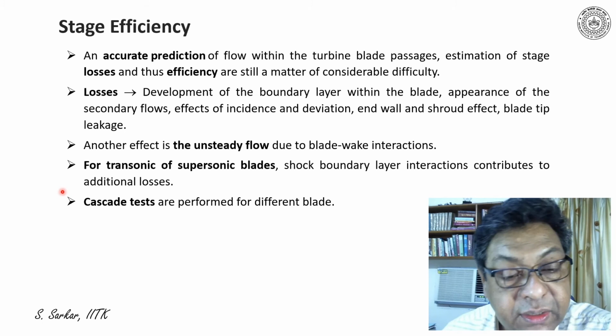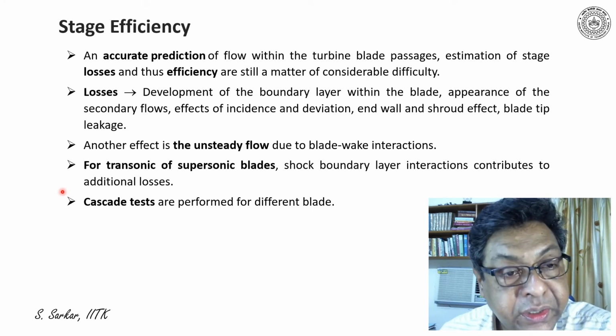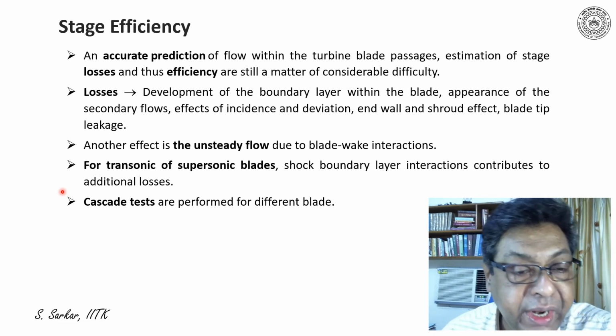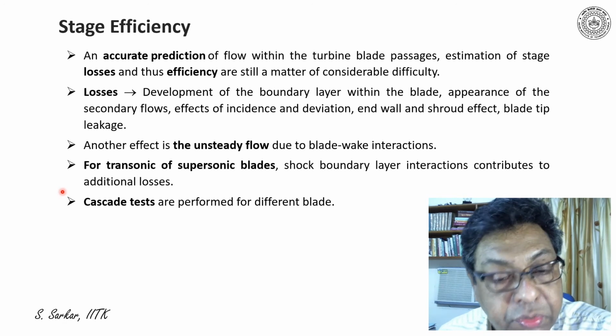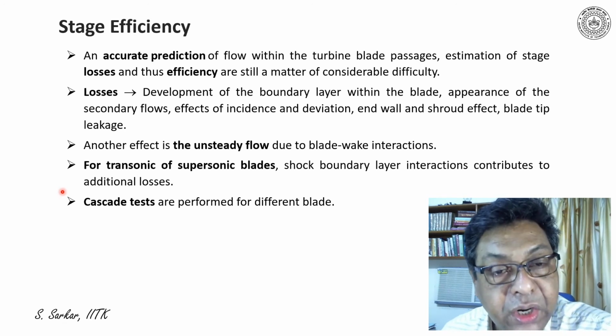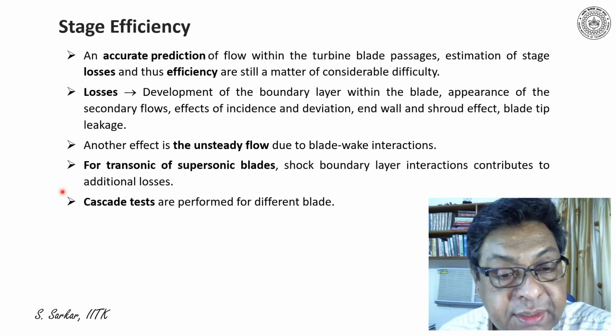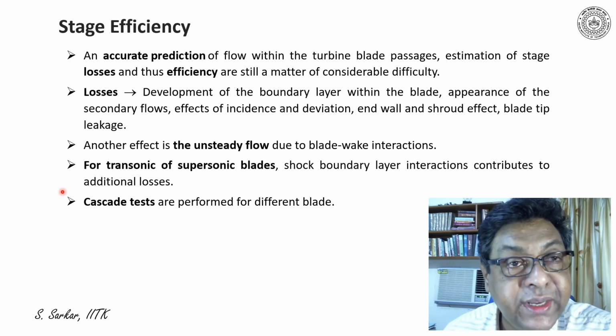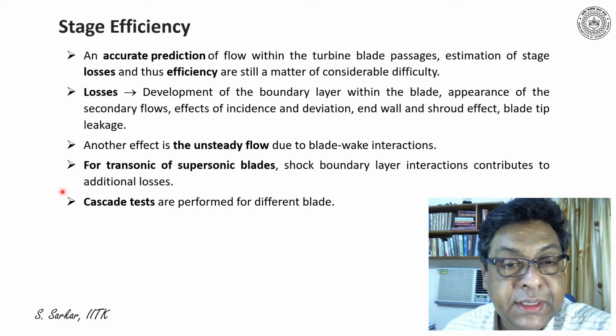Apart from that, there are effects of unsteady wakes, that is, wakes shed by the adjacent row will interact on the boundary layer of the downstream blade, producing unsteady flow and loss.